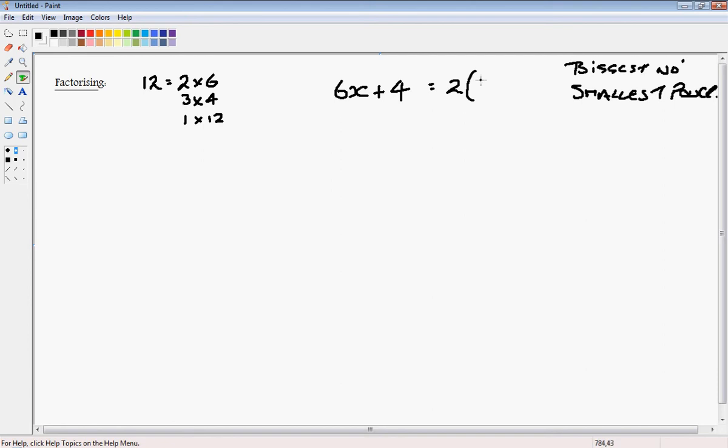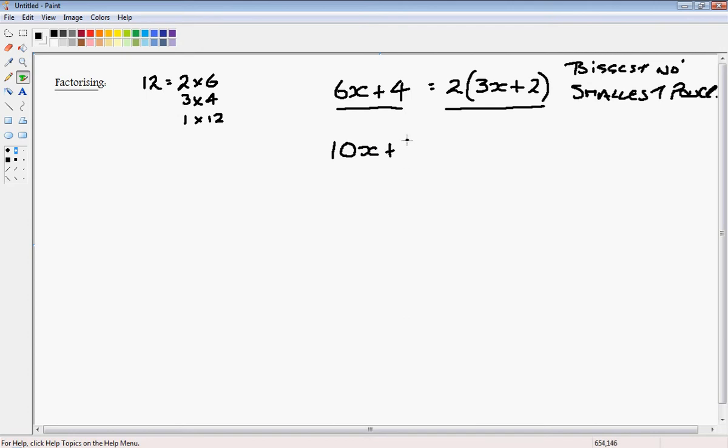So 2's into 6 is 3, and that will be x, because 2 times 3x gives me 6x. Okay, the same way as 2 times 6 gives me 12. Plus, now 2 times what gives me 4. I can see that that's 2. So that's this being factorised to this.